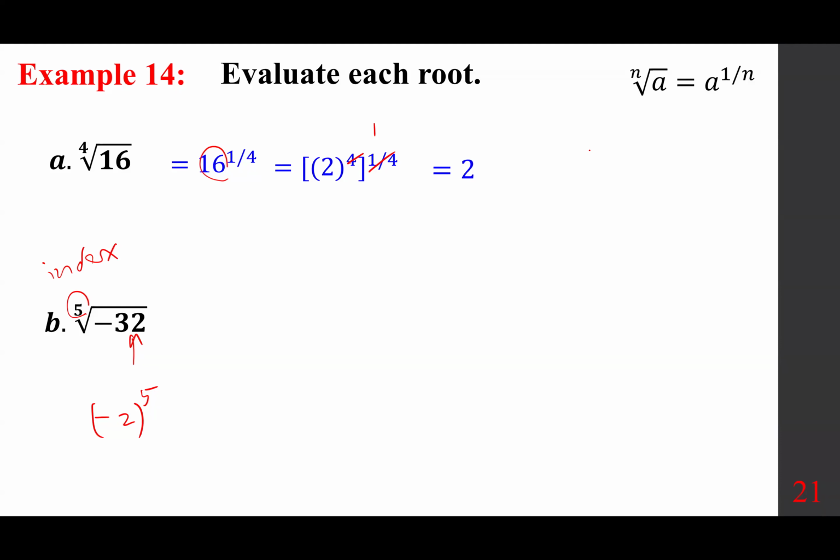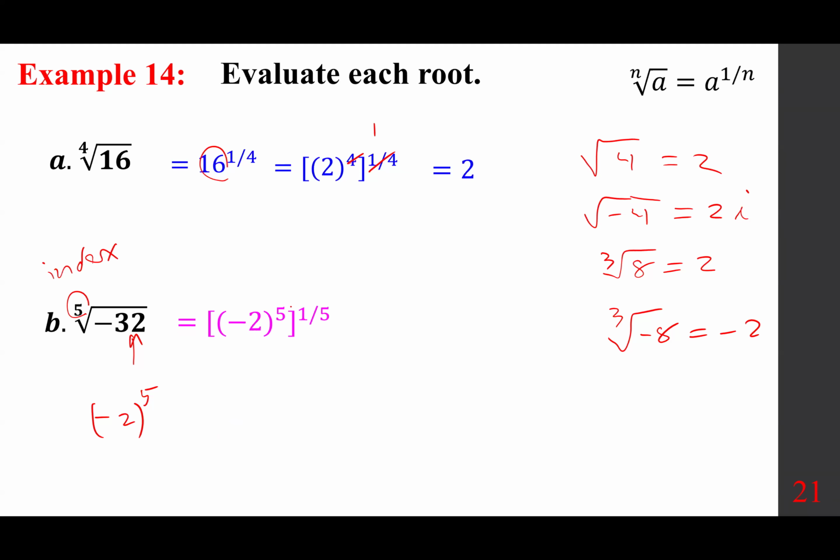So just for the sake of argument, square root of 4 is 2, but square root of minus 4 is 2i, okay? Cube root of 8 is 2. Cube root of minus 8 is minus 2. So when the index is odd, there is no restriction. So this is negative 2 to the power of 5. So these two cancel each other. They give us 1. And the answer is negative 2. That's one way to look at this.